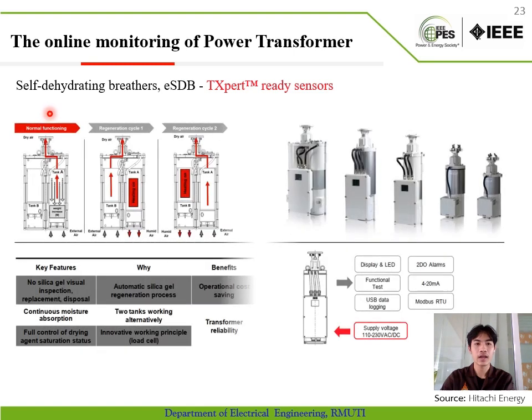The next one is the dehydrating breather. It is a replacement for silica gel. Its functionality is an automatic silica gel regeneration process for absorbing hydrogen and moisture from the on-load tap changer and main tank.